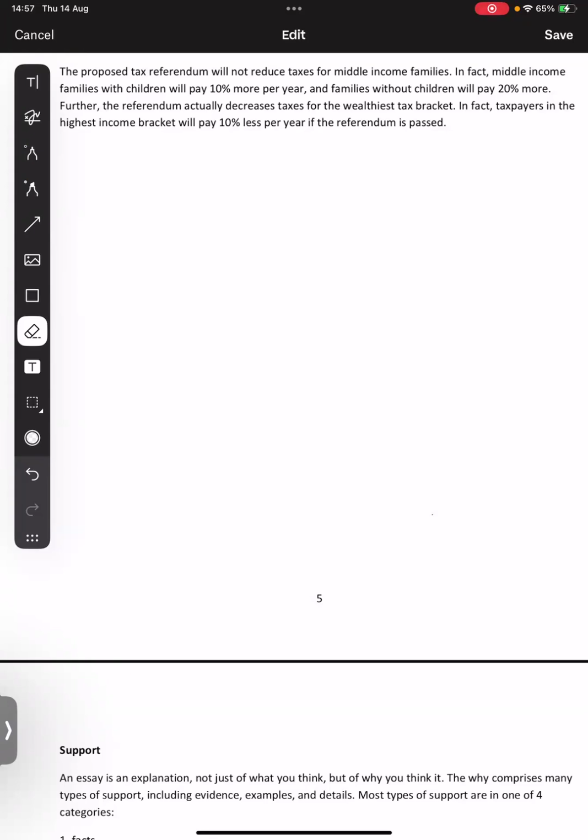Of course, the 10% of the rich family's income is going to be bigger than the 20% of a low-income or middle-income family's tax. But still, if it is passed as a law, it will make rich people pay less tax, but middle to low income families pay more taxes. So what does it mean? It's not fair, isn't it? So that will be a conclusion and also a topic sentence, something to do with unfairness.